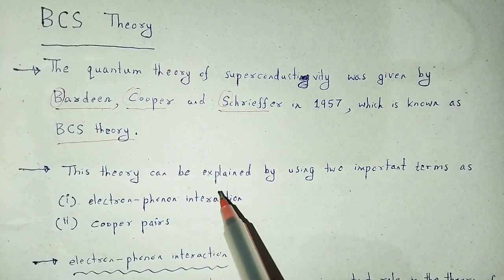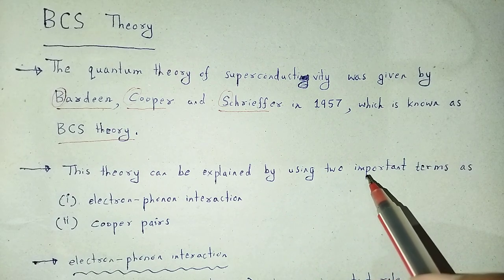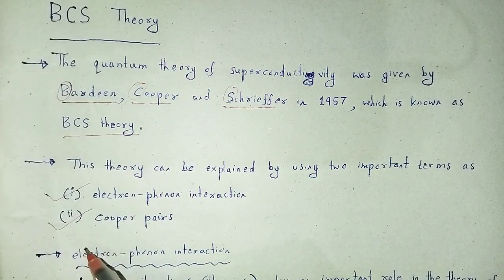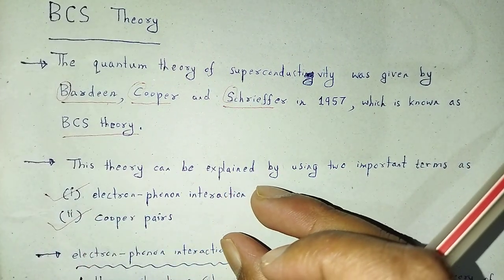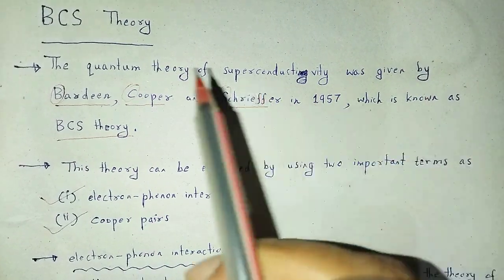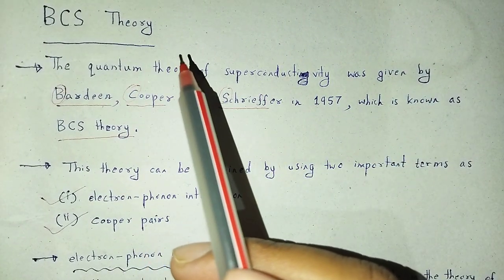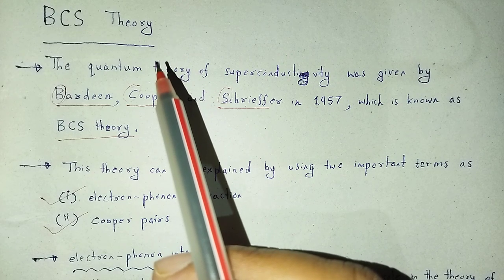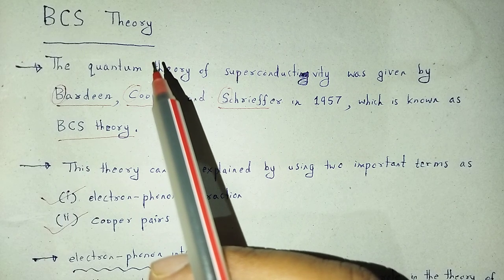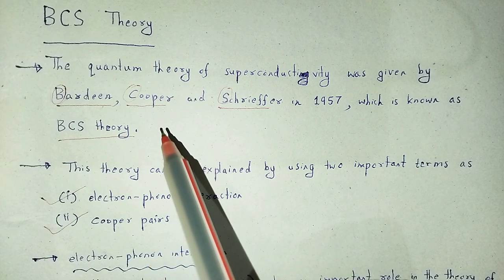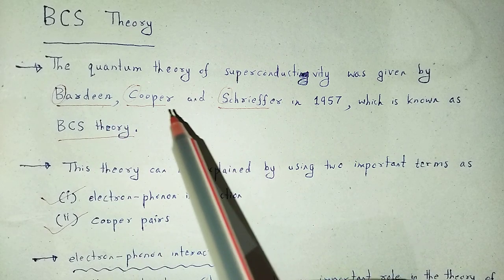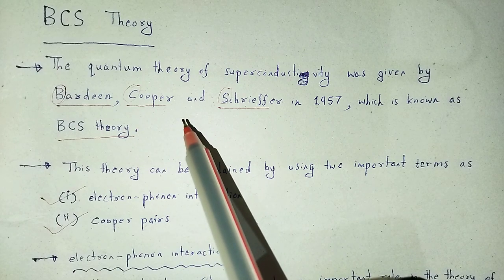This theory can be explained using two important terms: electron-phonon interaction and Cooper pairs. If we understand these two concepts, we can easily understand BCS theory. It is a well explained theory, by which we can explain the phenomenon of superconductivity, and for it these three scientists won the Nobel Prize.